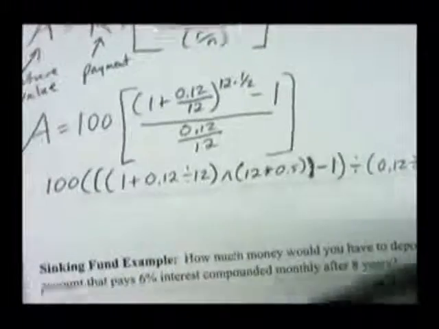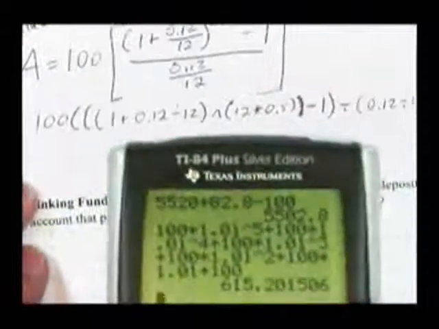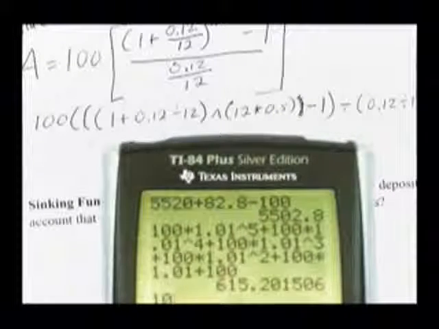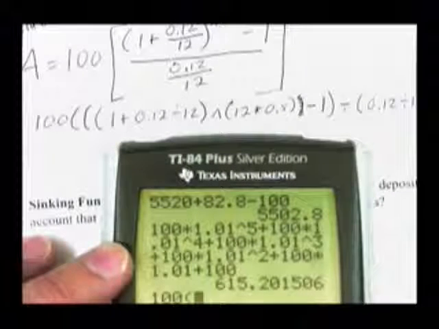All right, so if I plug all that into the calculator, let's see, I'm going to get 100, parentheses.